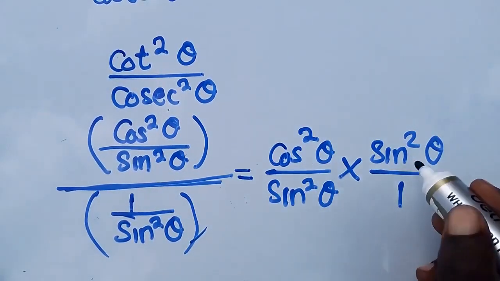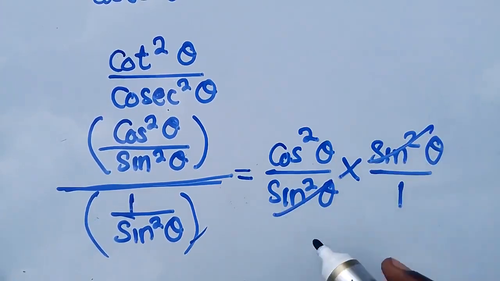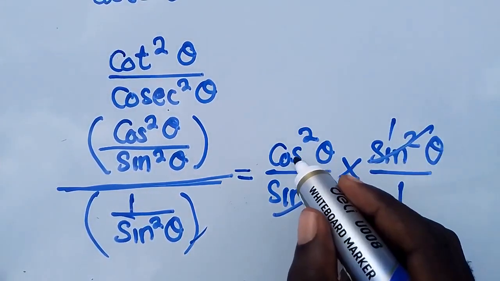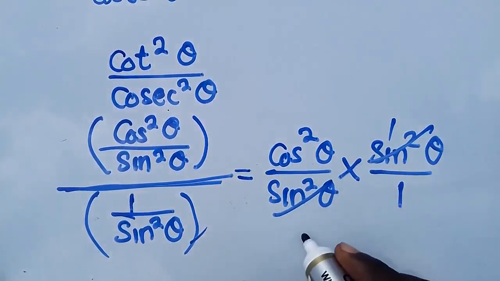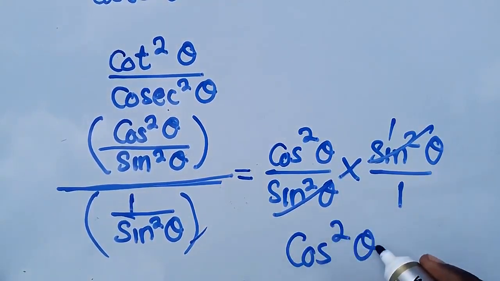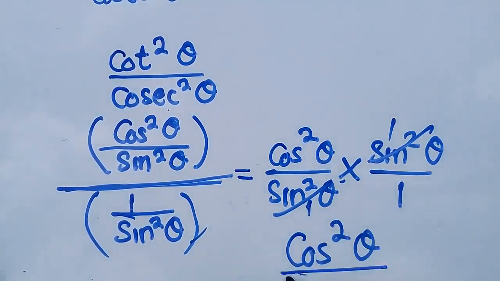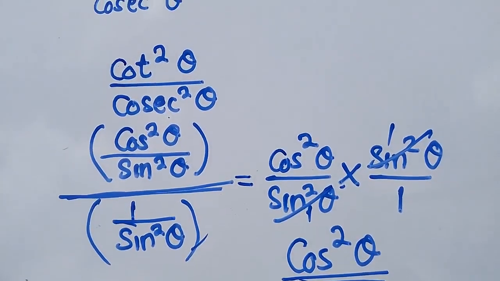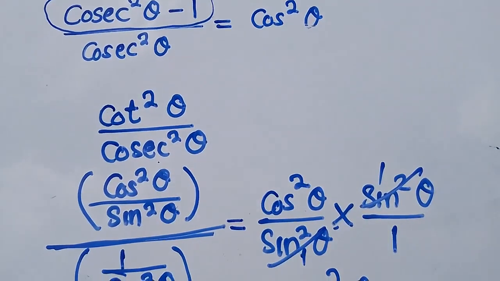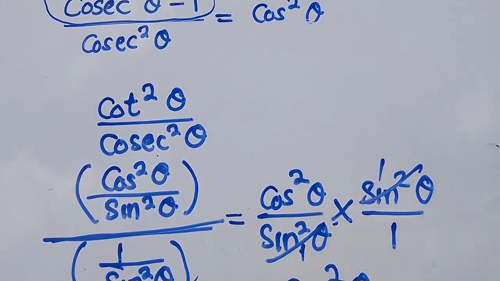So this and that will be cancelled, and we are going to have a 1 there. Cos squared theta times 1 is cos squared theta. Then 1 times 1 is 1. So this is the answer. We have verified this, and this is what you need to understand. I've just proven that identity. This is how you are supposed to be working out these identities.